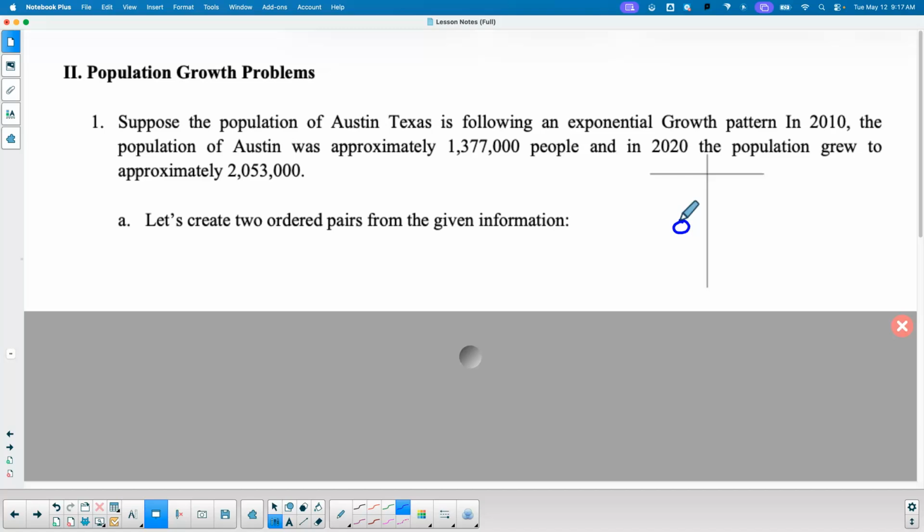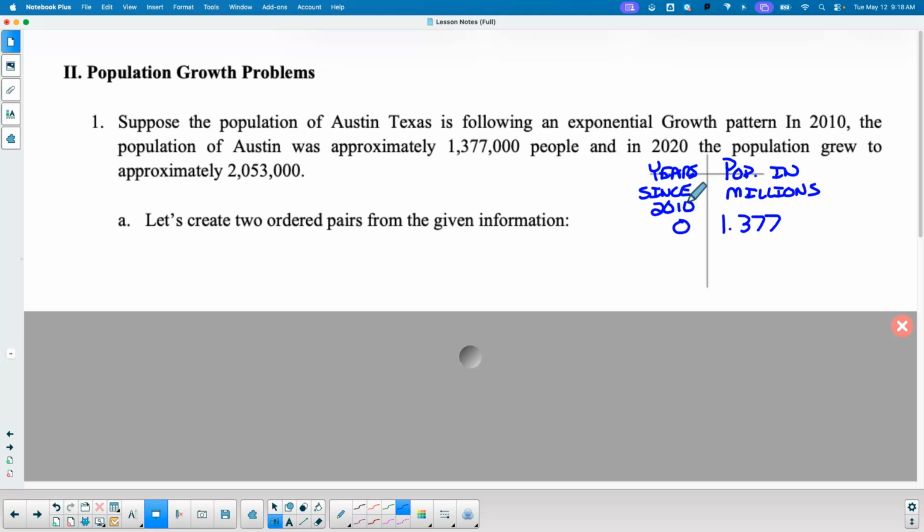So 1.377, and this is going to be population in millions. And this is going to be years since 2010.